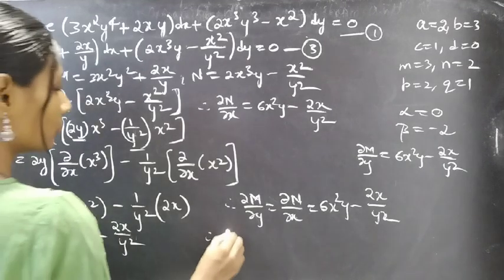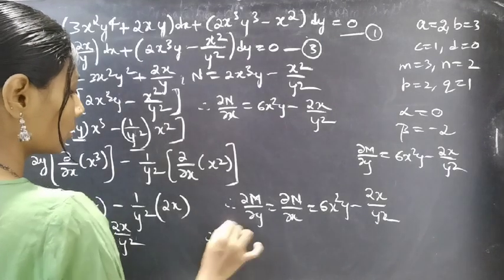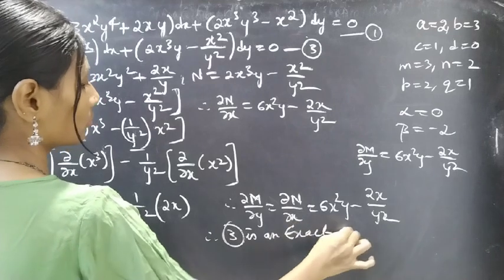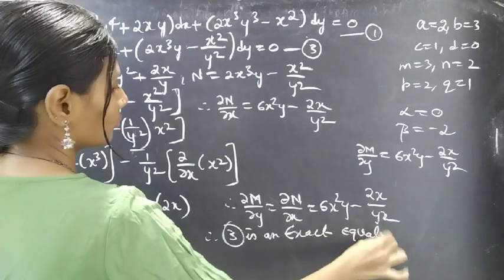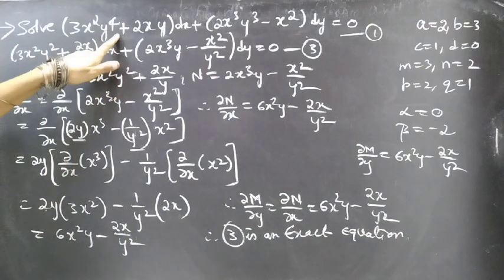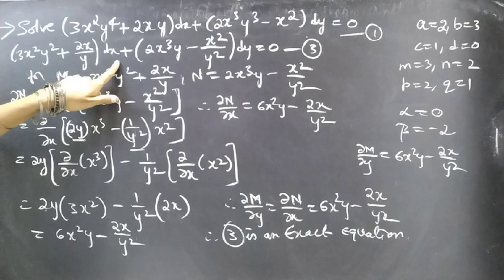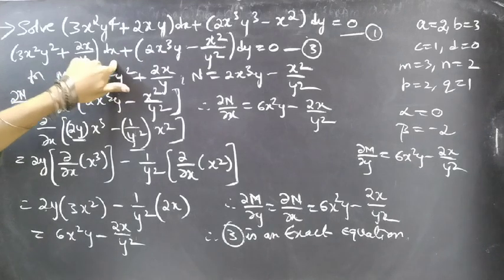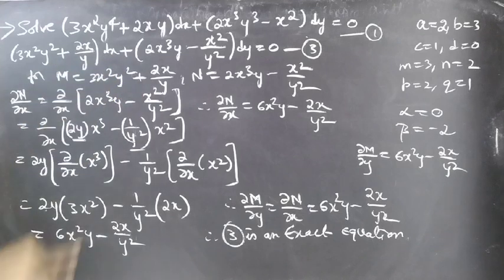So we have reduced the given differential equation to an exact equation. Now we'll find the general solution to equation 3 using the general solution formula of an exact equation. Finally, it results in the required solution to the given differential equation.